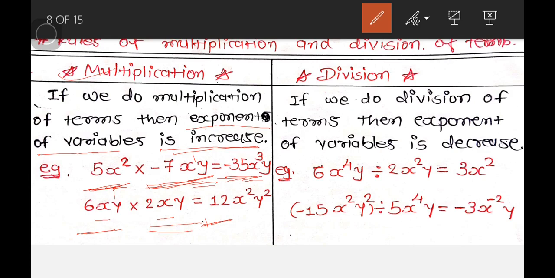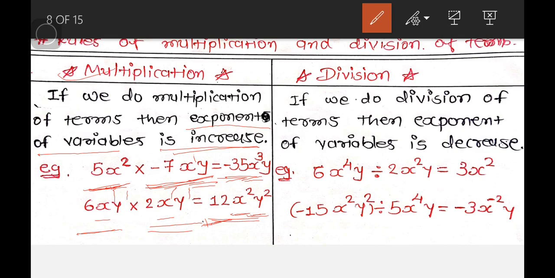Here x has exponent one and x has exponent one, so we add and x has square. y has exponent one and y has exponent one, so adding both exponents y has two. Then we get the answer 12x square y square.